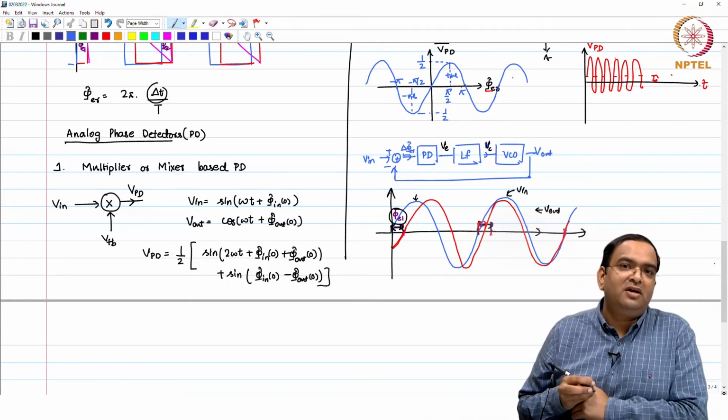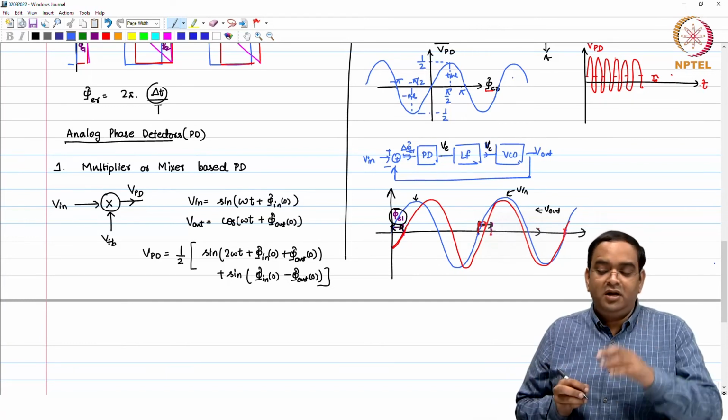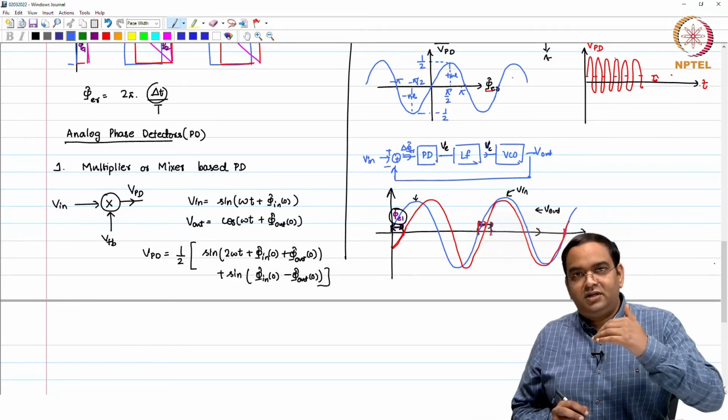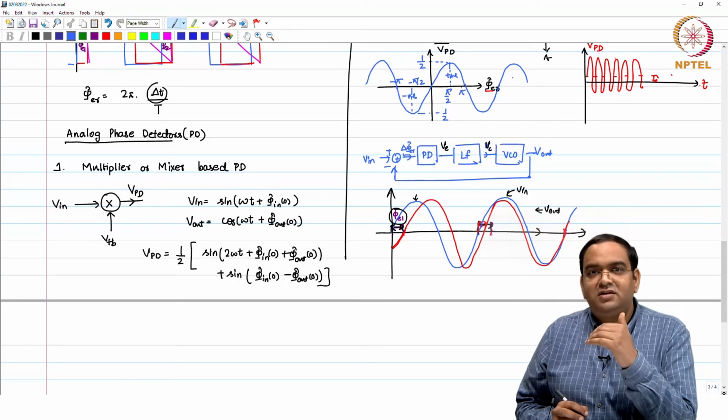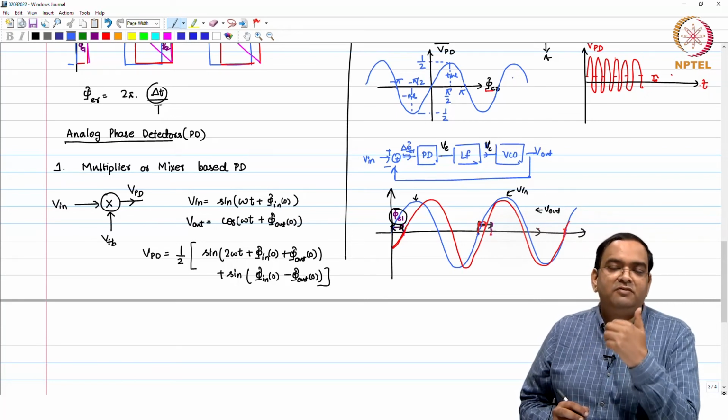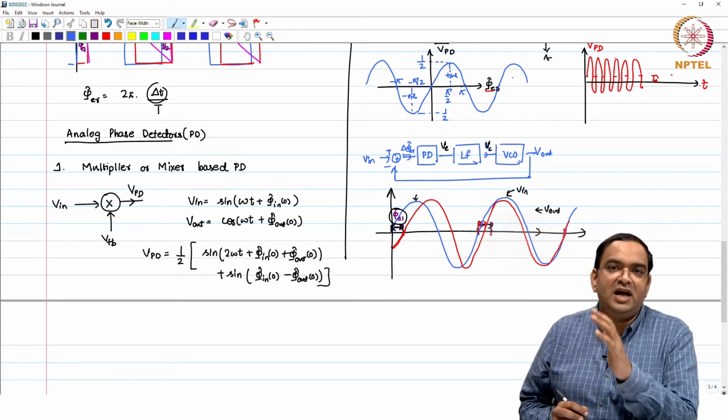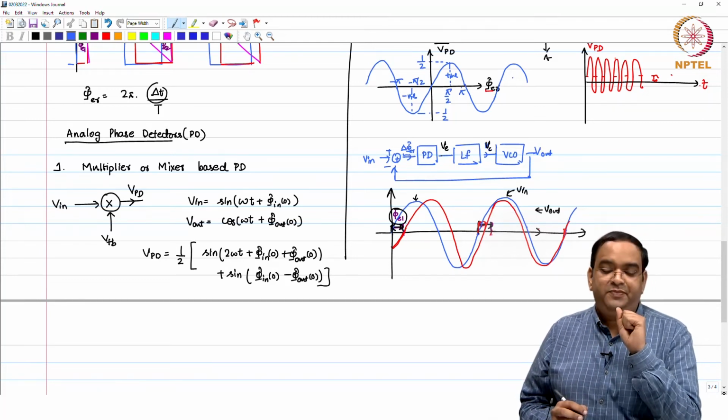Initial locking in the PLL we have seen a lot in a nonlinear fashion, but when any change happens in the PLL, it will be well behaved if we have a linear gain for the system.